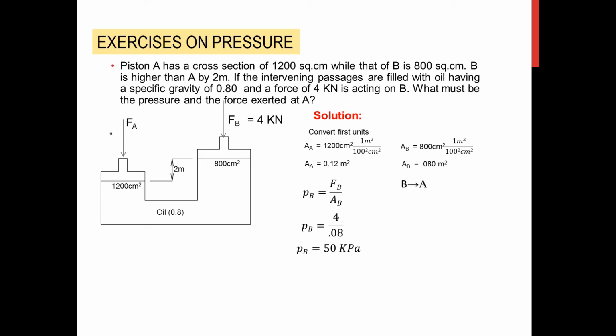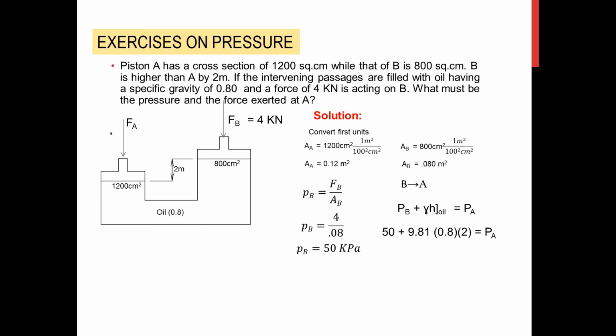Now from that, we can write the pressure equation from B to A, or if you want, from A to B. In this case, I'm going to write my equation from B to A. Starting at B, we have PB plus gamma H of oil is equal to PA. The computed pressure at B is 50.